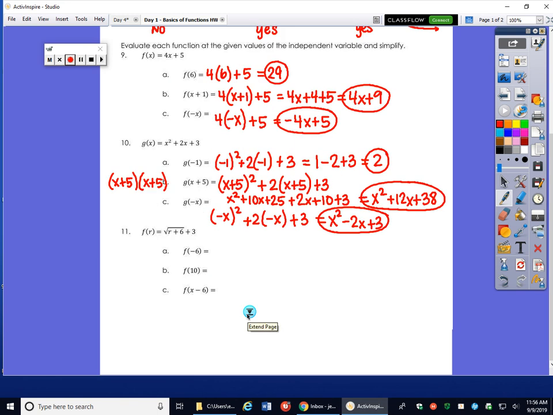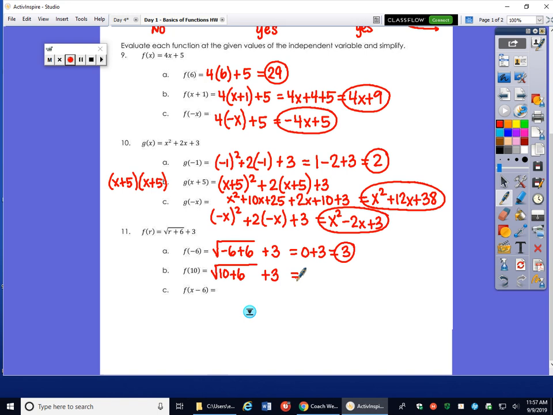Okay, number 11. We're going to take the square root of negative 6 plus 6 and then add 3. Negative 6 plus 6 is 0, and the square root of 0 is 0. So that just becomes 3. This one becomes square root of 10 plus 6, and then plus 3, that's outside the radical.